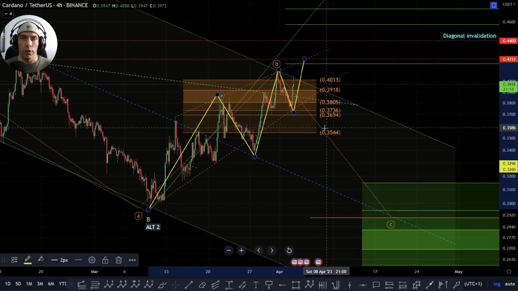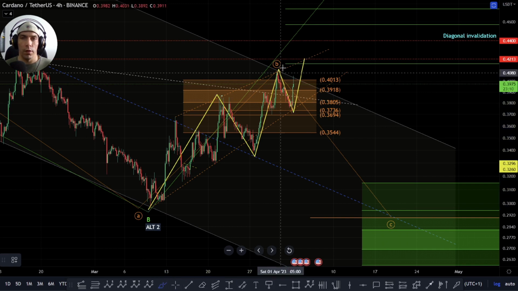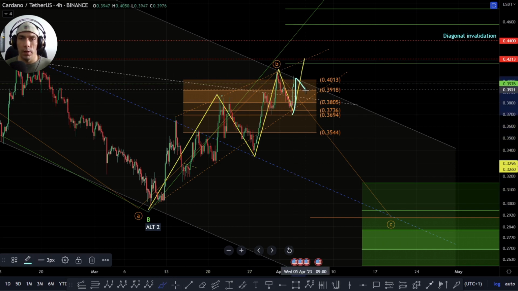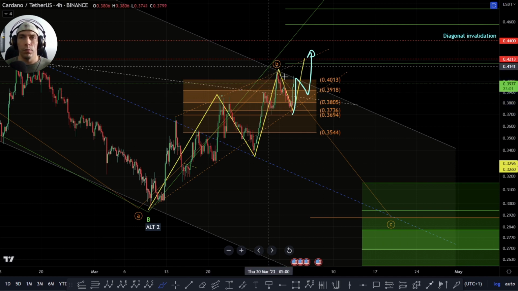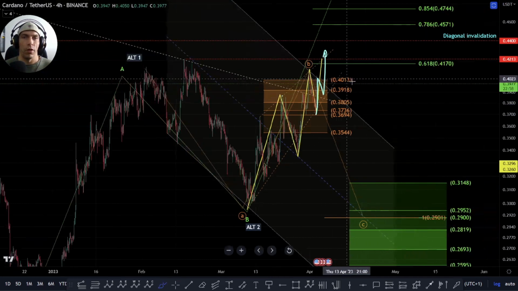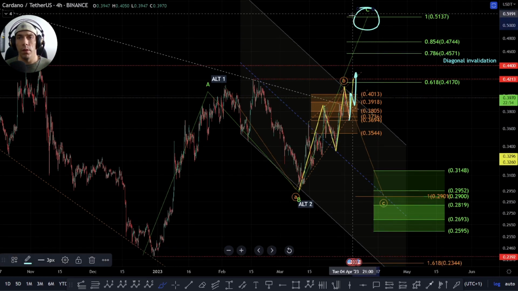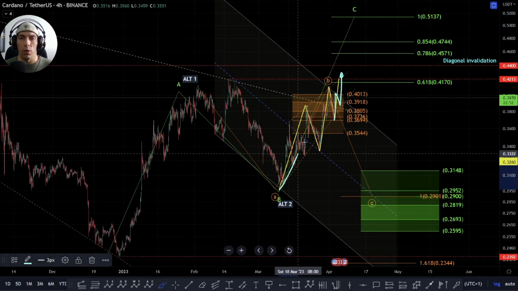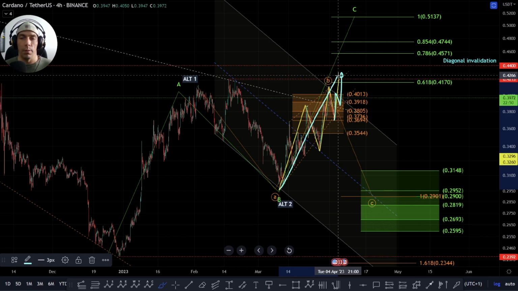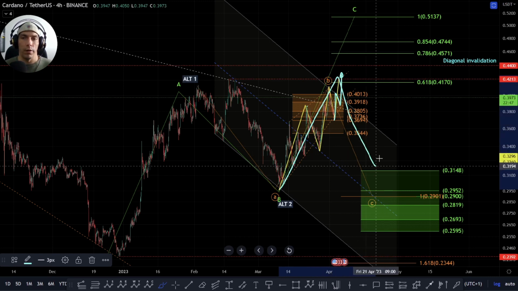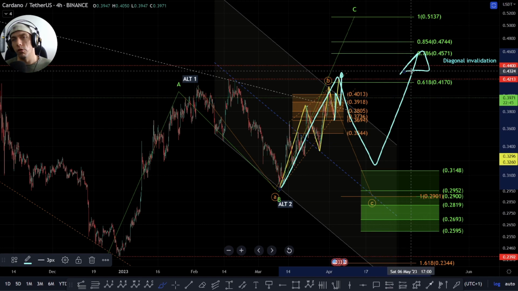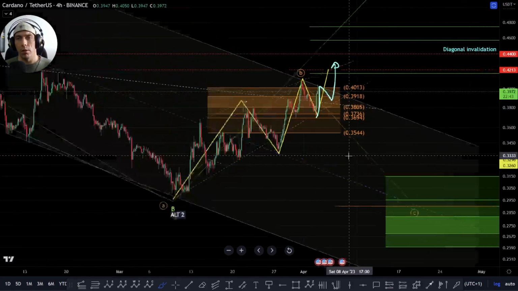If we continue to get rejected into these highs, and especially if we form a three-wave move to the upside here, something like this, A, come back down, find support B, C, and look to actually challenge this top channel line here, this could be something that is actually playing out. That could either then be this green C wave, or alternatively, this whole move could then become an additional one, come back down for two, and then we look for a bigger push to the upside. So that's something that we're just going to have to keep an eye on here.